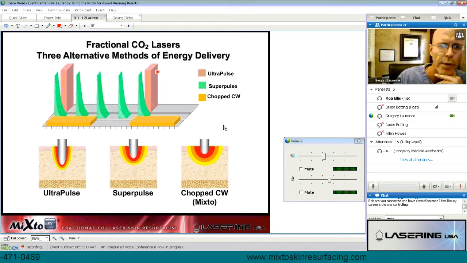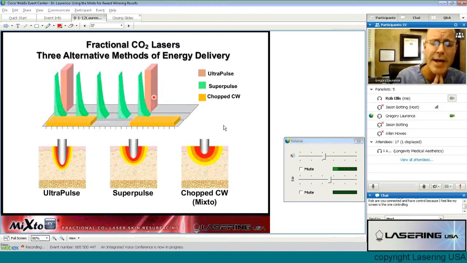When we went from super pulse to ultra pulse, what we were able to do is basically allow energy to go into the tissue in a pulse way. And what that did from a standpoint of cutting is it caused there to be less peripheral damage to the tissue. So whatever tissue you vaporize, there's a very, very thin level of coagulant.